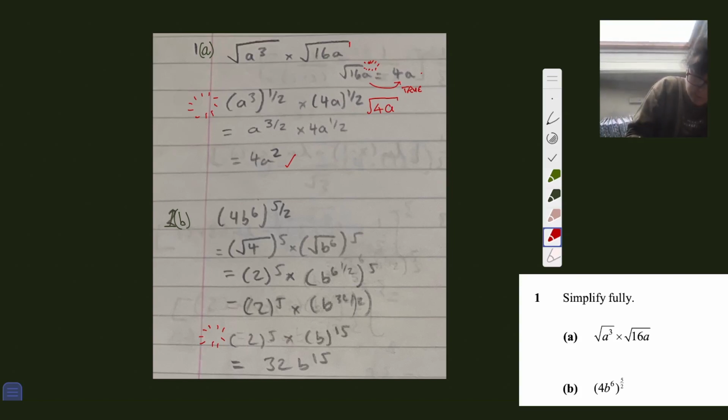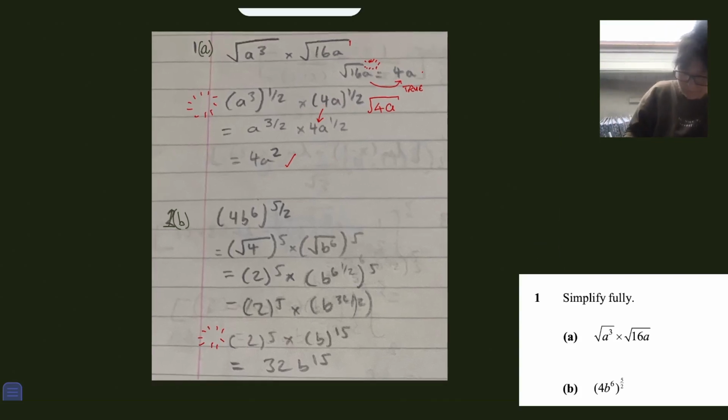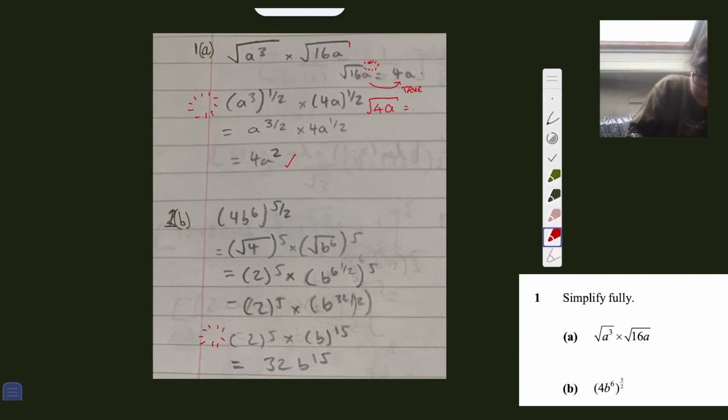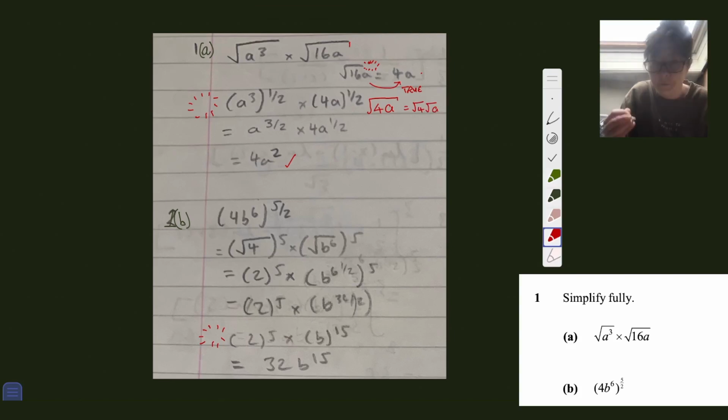Now we go from here to here. Now that's also not true, because if you have the square root of 4a, that would equal the square root of 4 times the square root of a, and the square root of 4 is 2, not 4, so this does not equal this, and this does not equal this. They're not the same.